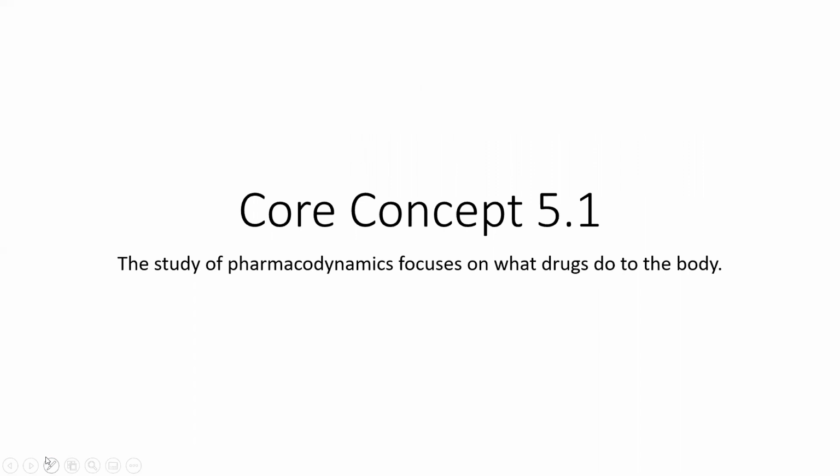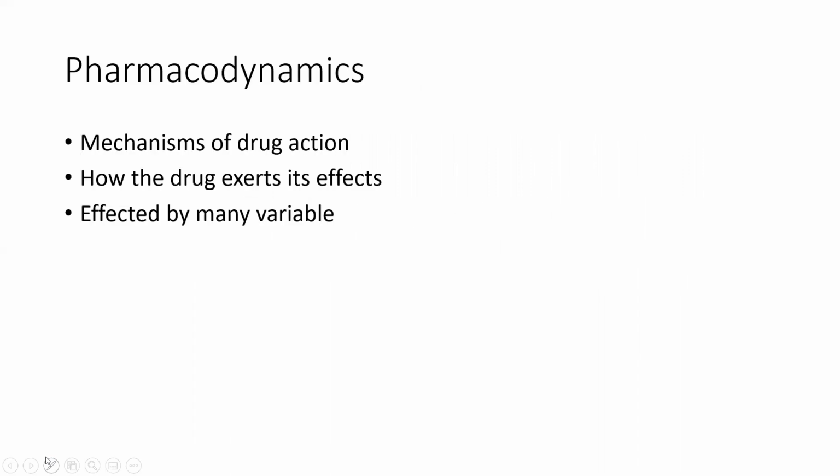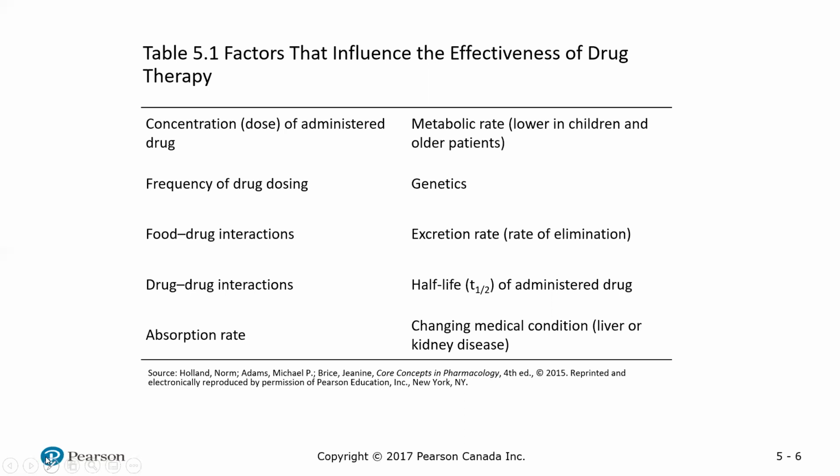So the first topic is the study of pharmacodynamics, which focuses on what the drugs do to the body. We're going to be understanding the mechanism of drug action, how the drug exerts its effects, and it is affected by many different variables. The factors that influence the effectiveness of drug therapy are, number one, the concentration of the administered drug.